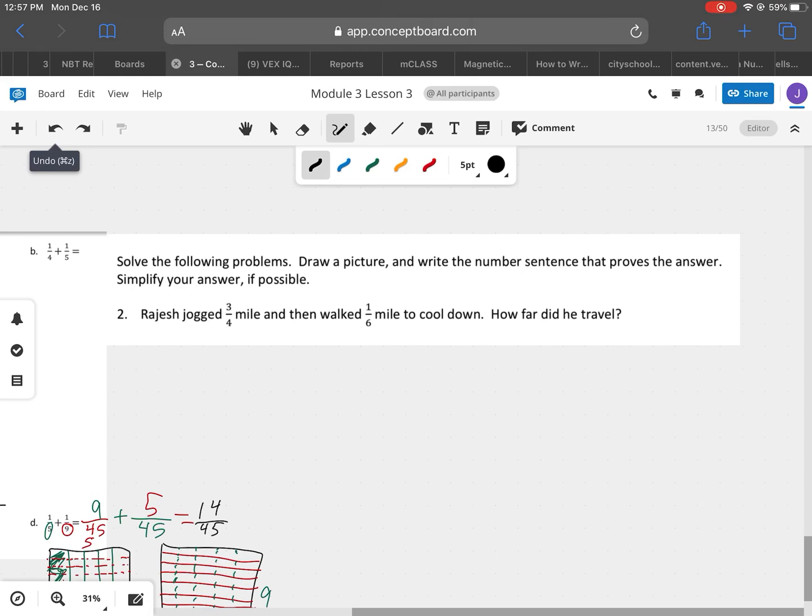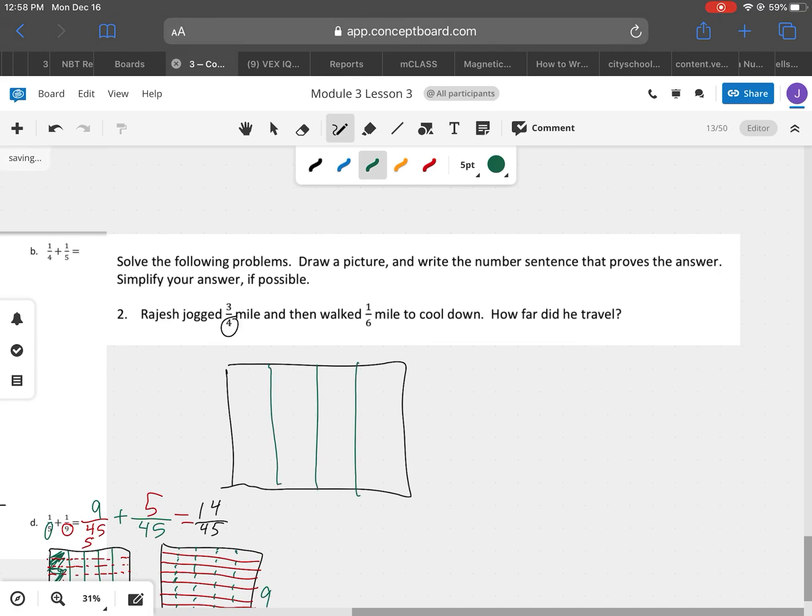Do one word problem. Raja jogged 3/4 and then walked 1/6 mile to cool down. How far did he travel? Again, we're going to draw 2 rectangles. The first one we're going to divide into fourths. And we're going to shade in 3 because there's a 3 on top.